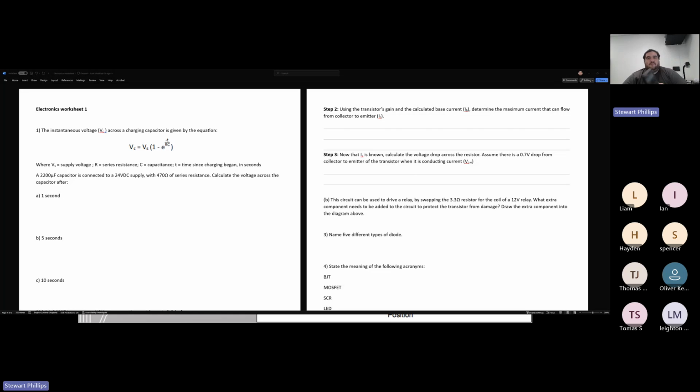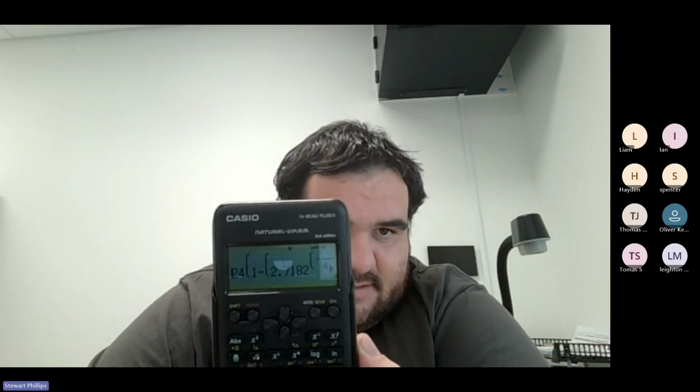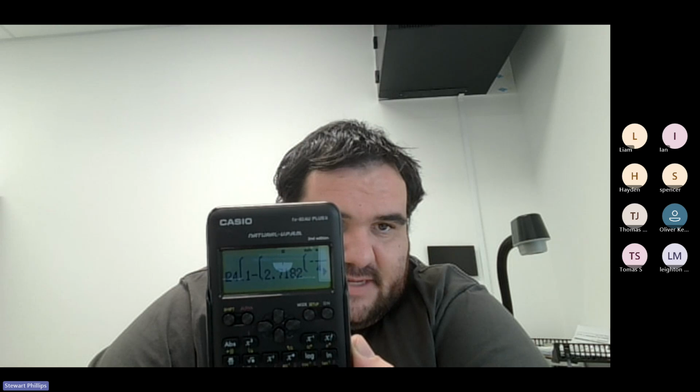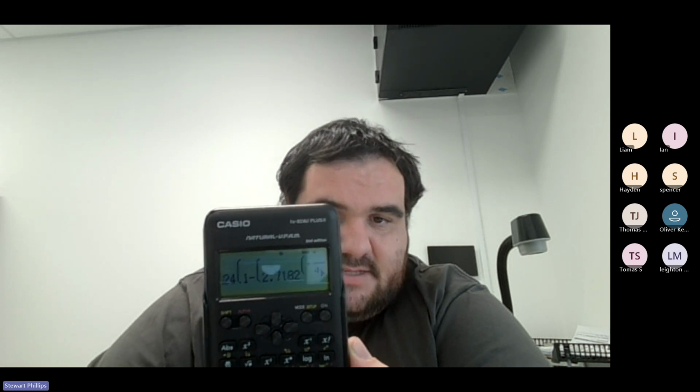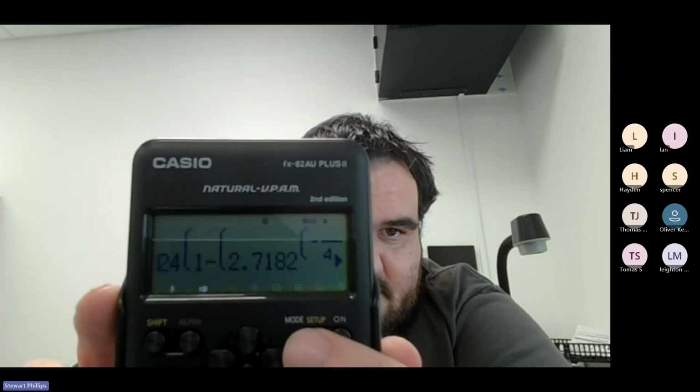Okay, so what does this look like? Okay, hope everyone can see that. I don't know if it's back to front, but this is how you type in this equation to the calculator.